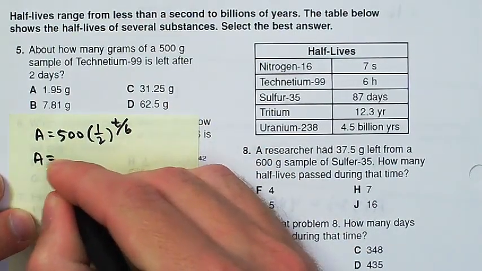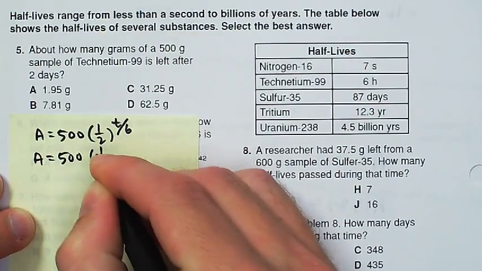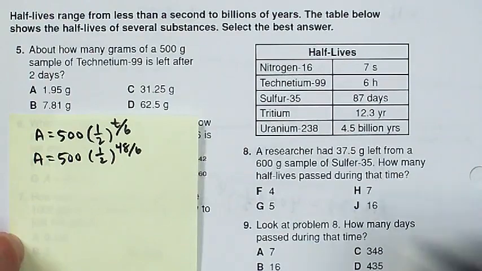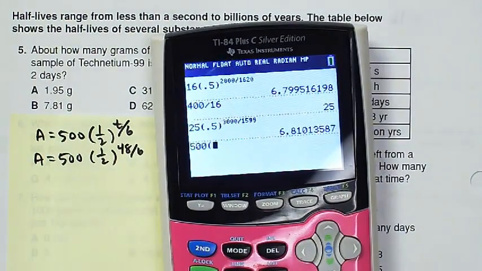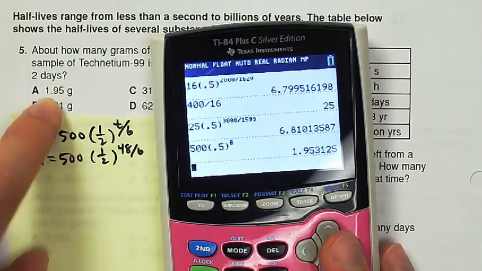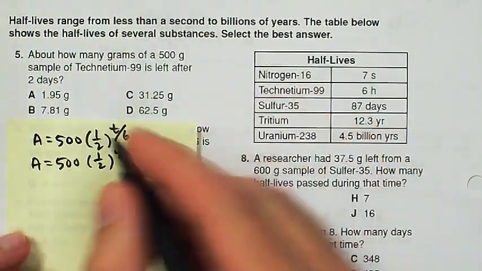So A is 500 times 1/2 to the 48 over 6. 48 divided by 6 would be 8, so 1.953, and that would be answer choice A.